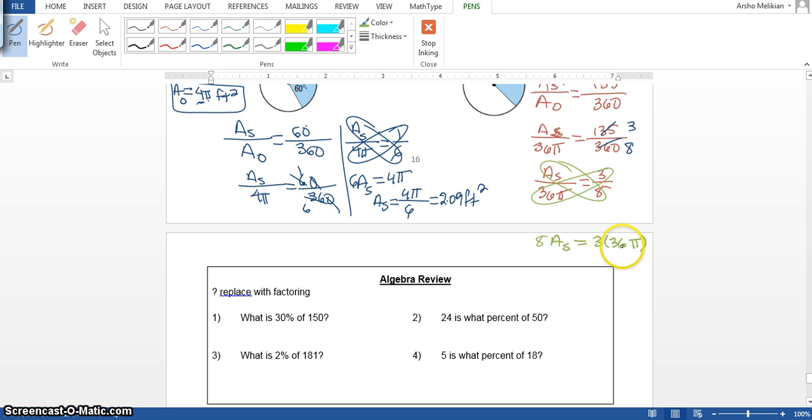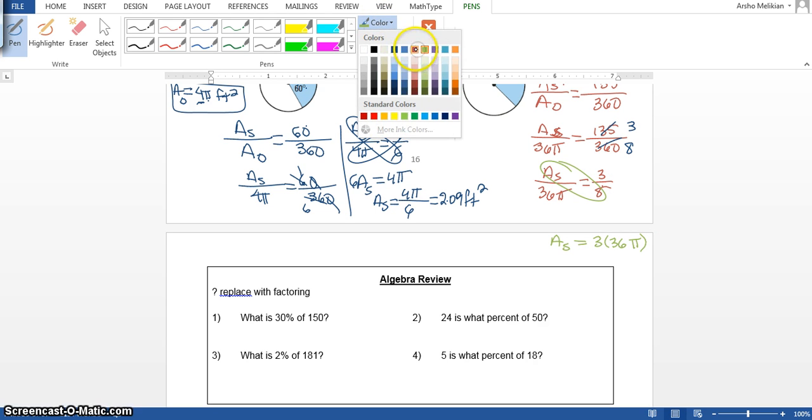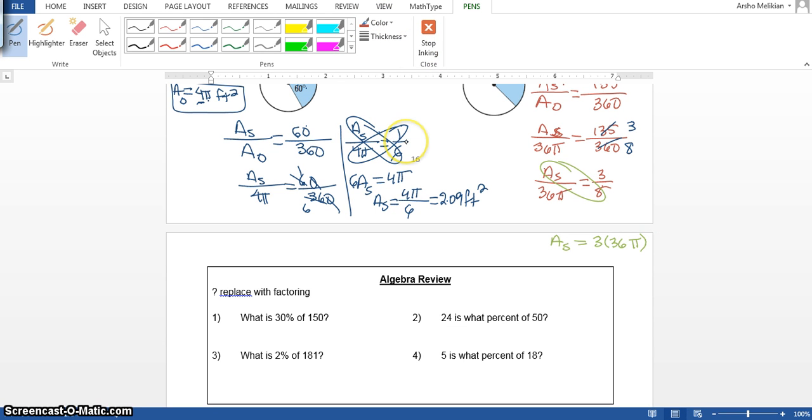So now how would I solve for the area of the sector? Divide by 8. So area of the sector is 3 times 36 times pi, and you divide by 8. You just plug that into your calculator as is.